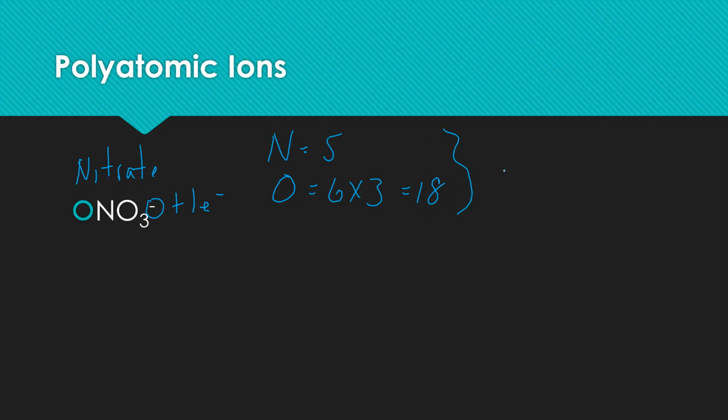That means I have a total of 23 electrons, plus the 1 extra electron for the charge. I have 24 electrons to work with. So let's go. Nitrogen, oxygen, oxygen, oxygen. That's it. So 1, 2, 3, 4, 5, 6. So I got rid of 6. That leaves me with 18.